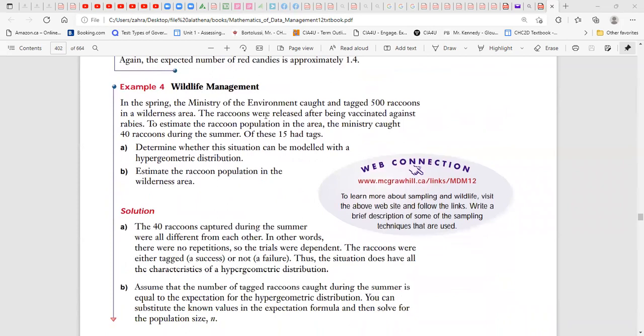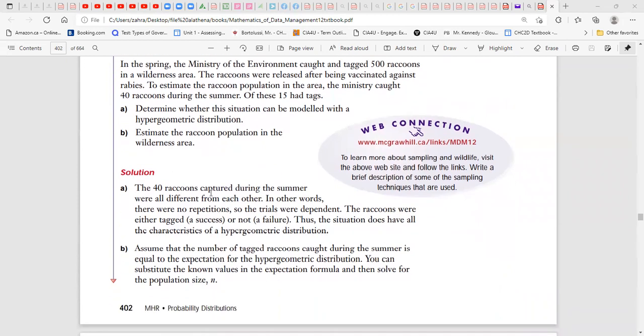In the spring, the Ministry of the Environment tagged 500 raccoons in a wilderness area. The raccoons were released after being vaccinated against rabies. To estimate the raccoon population in the area, the ministry caught 40 raccoons during the summer. Of these, 15 had tags. Determine whether the distribution can be modeled with a hypergeometric distribution.